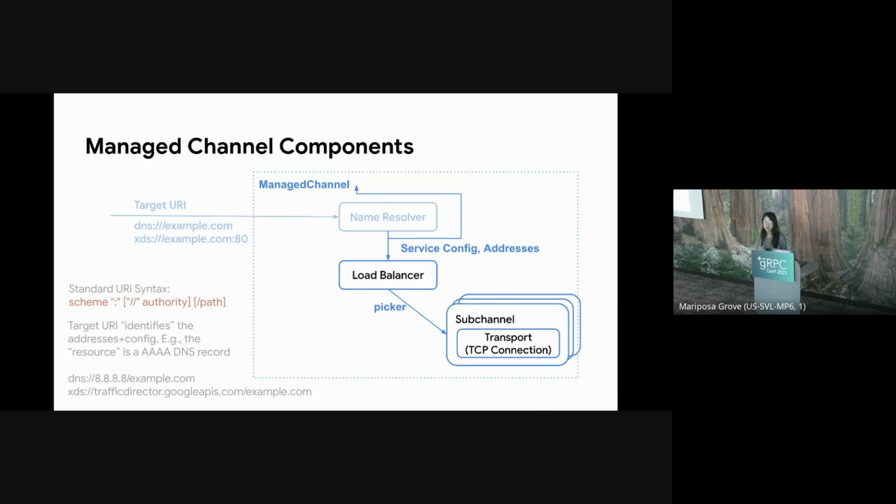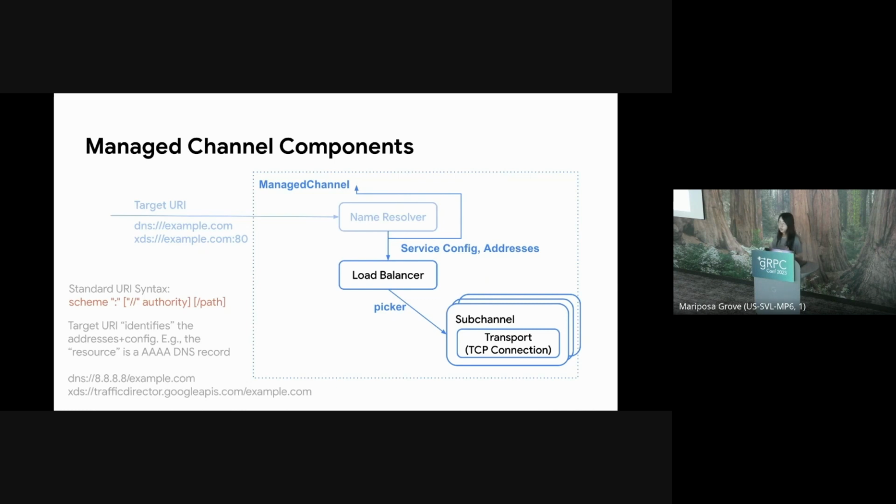There's an internal map between the name of the load balancer and the instance of it. And when we receive a service config specifying which load balancer to use, it will just plug in to do its client-side load balancing. And the load balancer manages connections. Actually, we call them subchannels here.